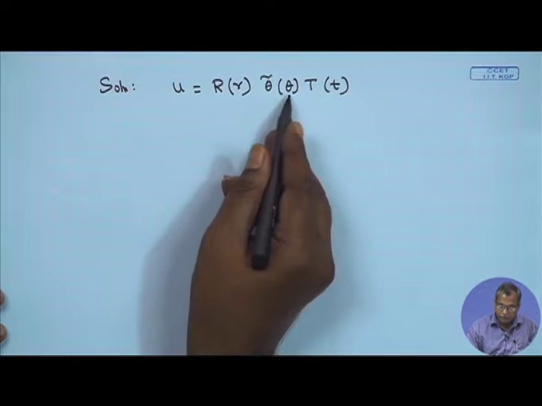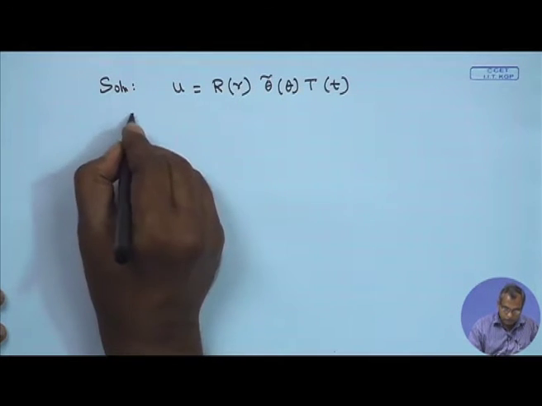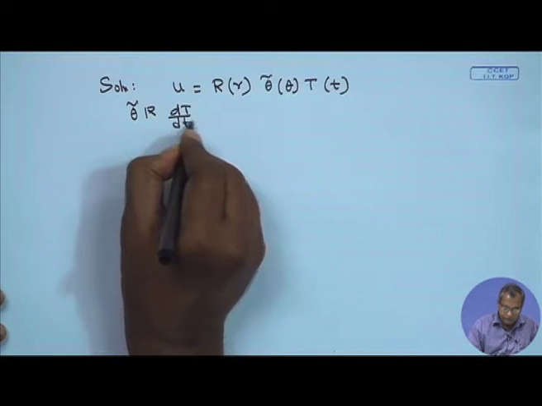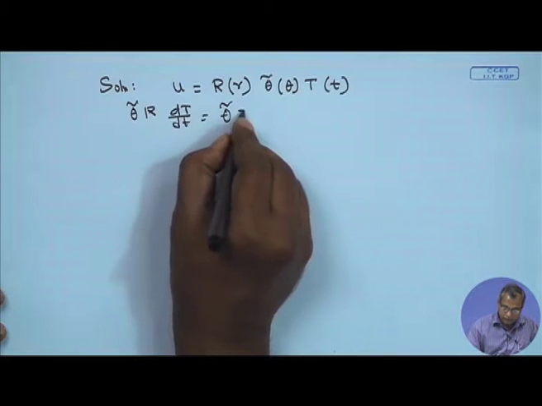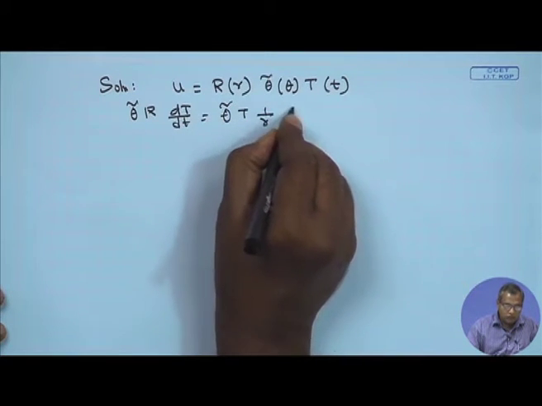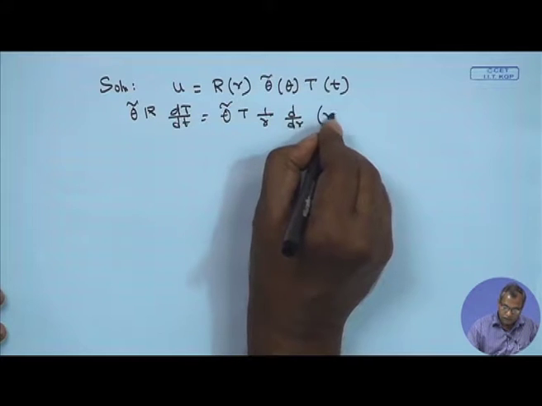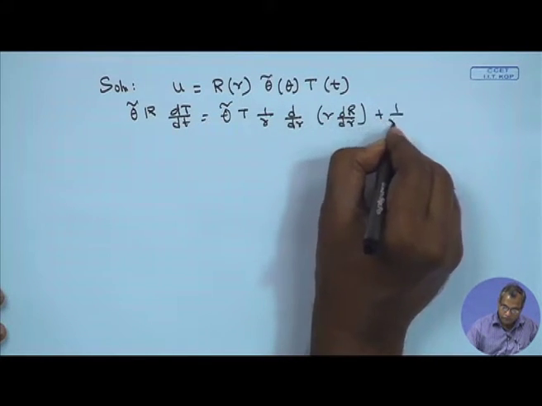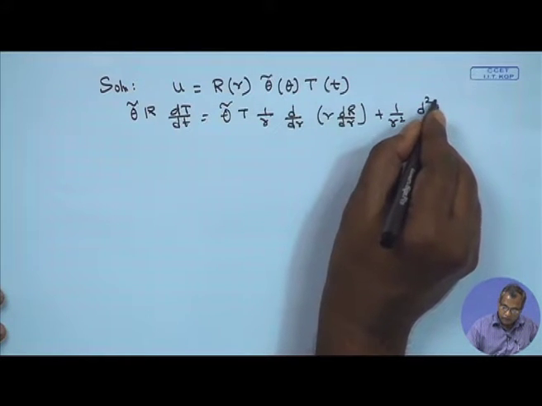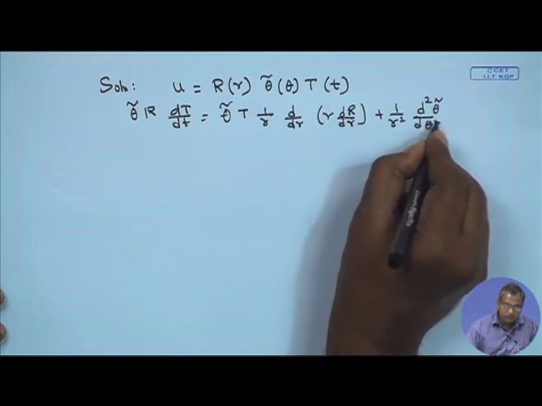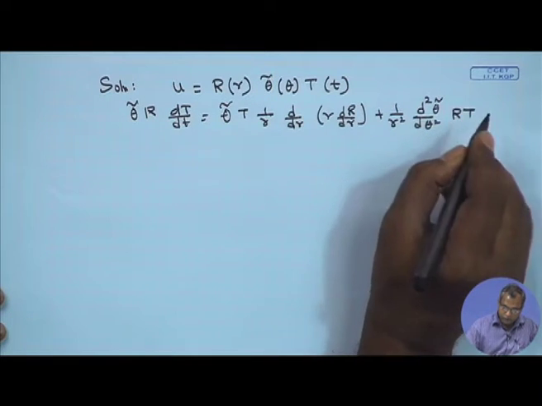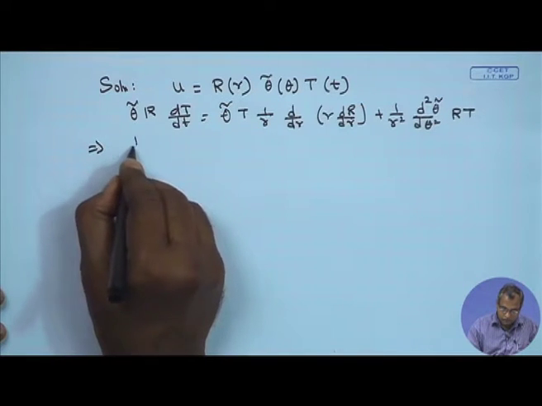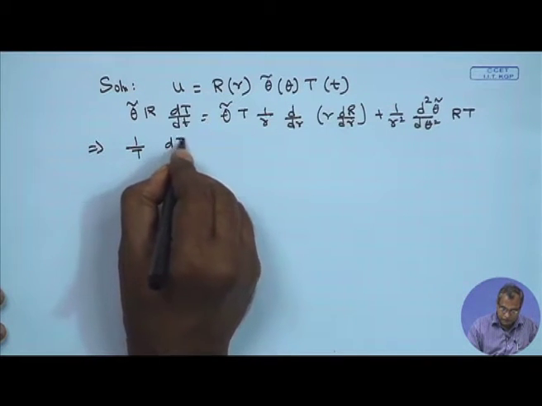Now, if we substitute this into the governing equation, then what we will be getting is theta hat r dT dt equal to theta hat T 1 over r d dr of r dR dr plus 1 over r square d square theta hat d theta square R T. So, therefore, if we divide both sides by theta hat R T, we can separate out the variables and let us see what we get.